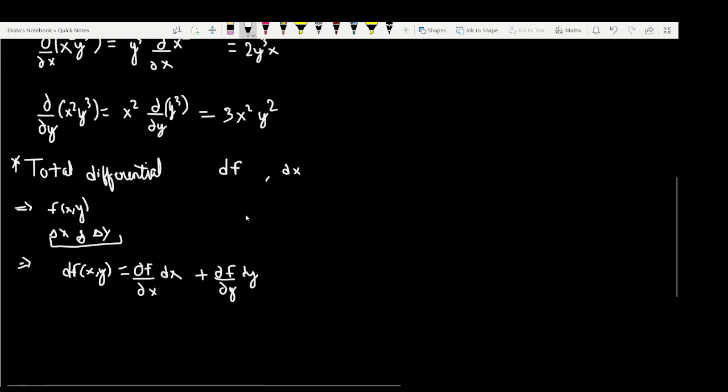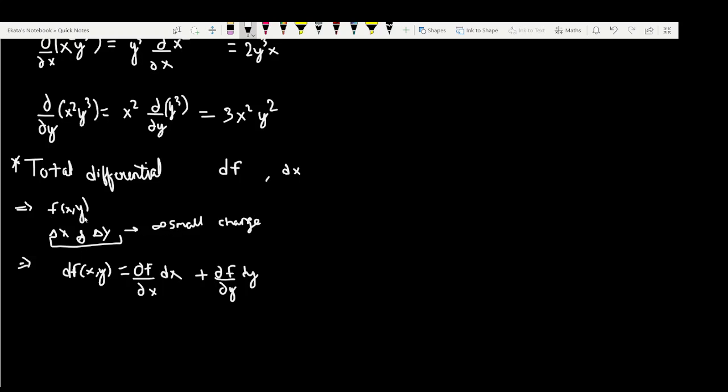Now what is the total differential? Total differential may be defined as follows. Suppose there is a function f of x and y. It depends on x and y, and you make a very small change in x and a very small change in y. This is an infinitely small change; we take it as a limit to 0.